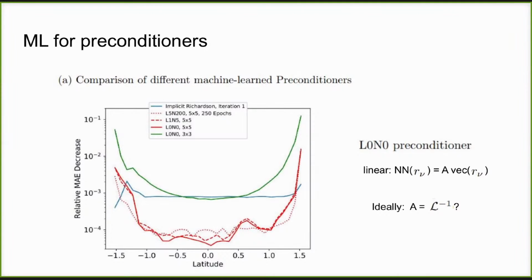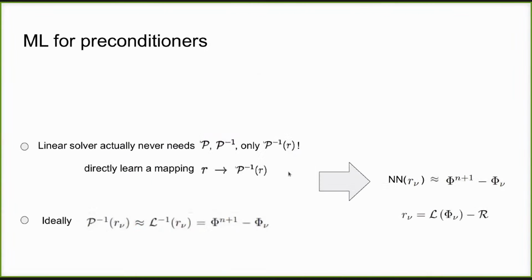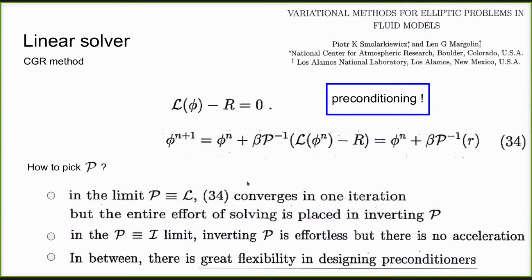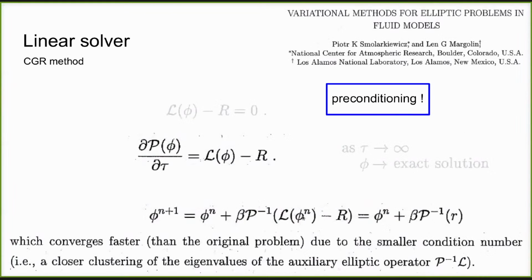That's a good one. As I said, the idea of preconditioning is a linear operator, if you have a linear preconditioning matrix. What you're doing is multiplying both the left and the right-hand side of the linear system with some matrix.